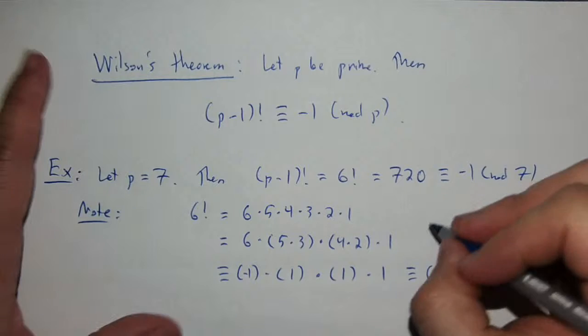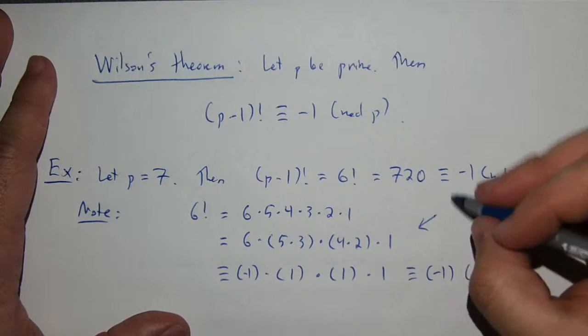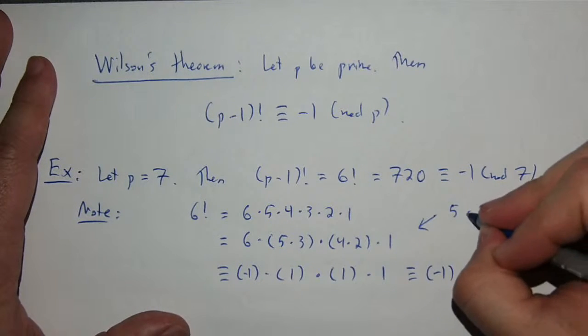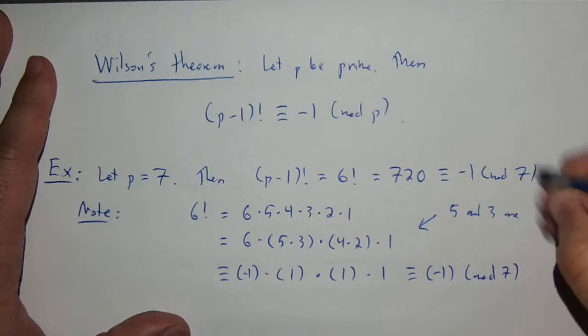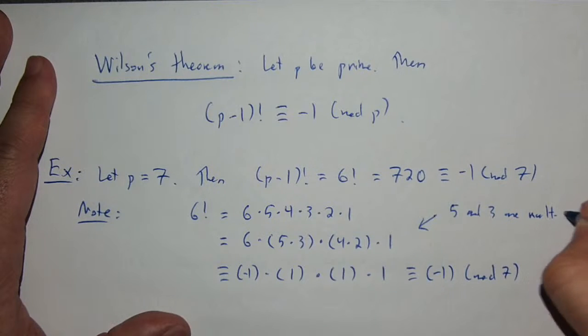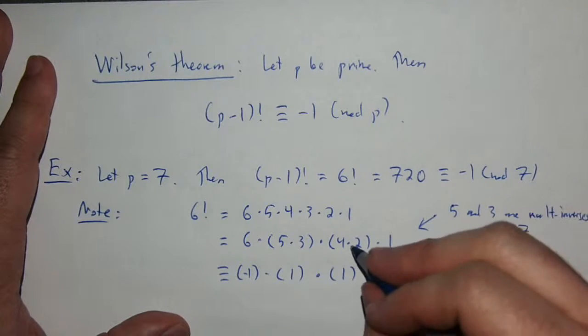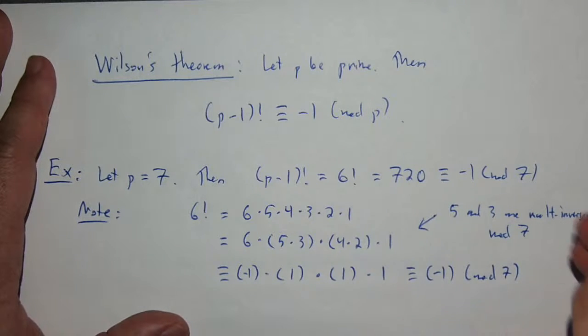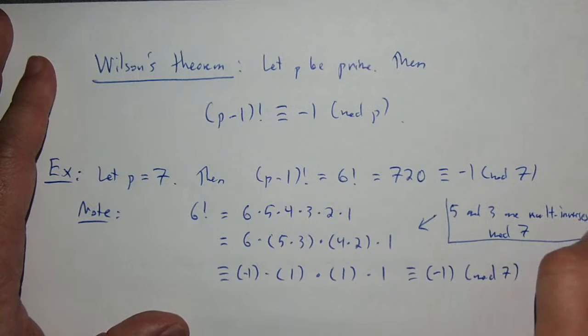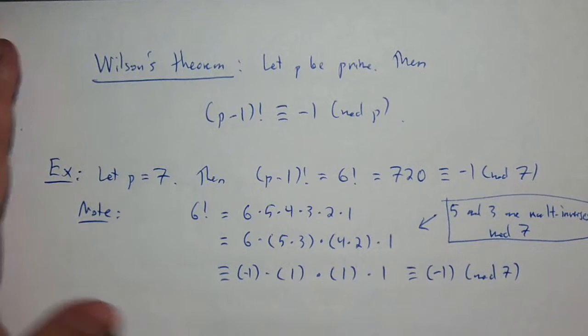Here I'm saying 5 and 3 are multiplicative inverses mod 7. And 4 and 2 as well. Okay, so 5 and 3 are multiplicative inverses mod 7, and so are 4 and 2.